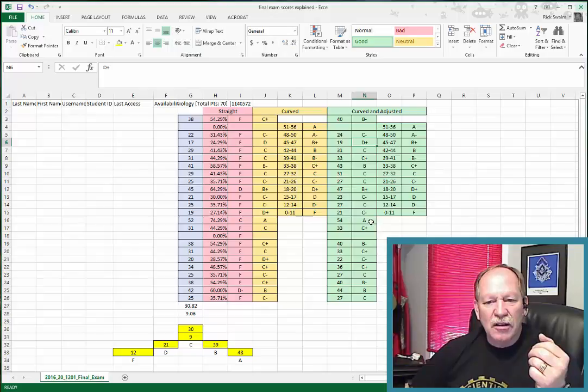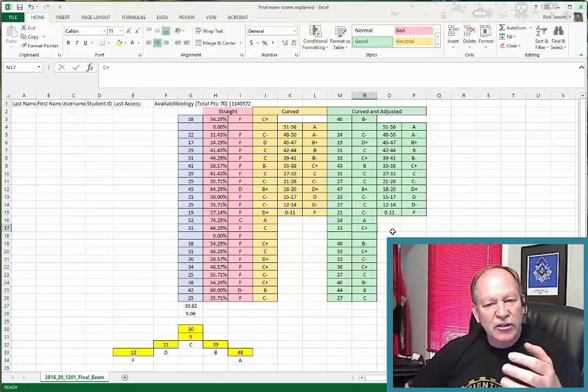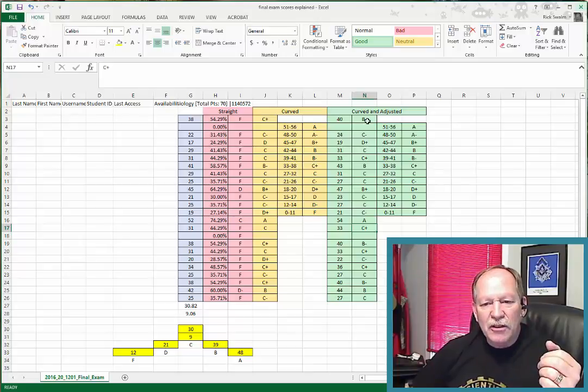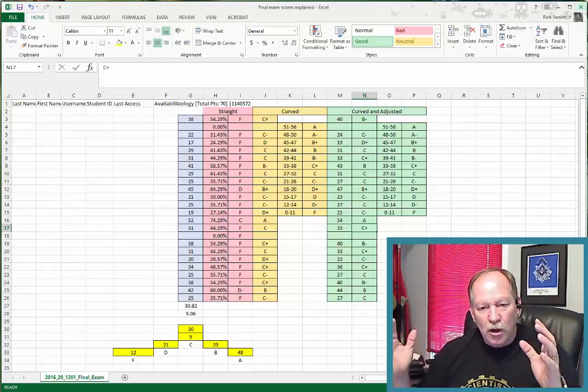So this C plus becomes a 79 in terms of a point total, when the reality is the middle is a 78 and the low is a 77. So again, it's a little fudge factor to try to give you the benefit of the doubt. And so that's what will be inserted into the grade book.